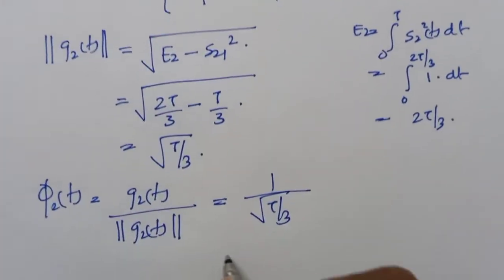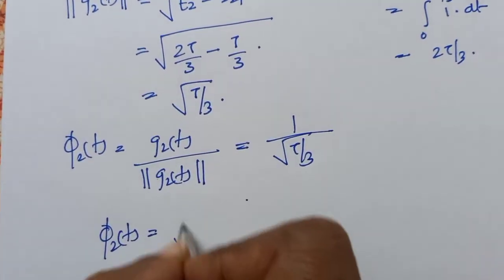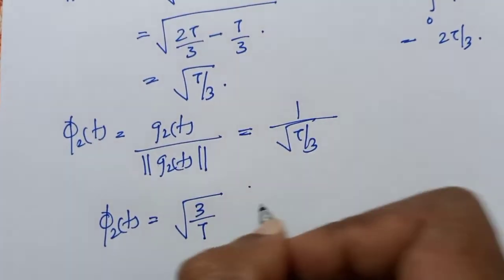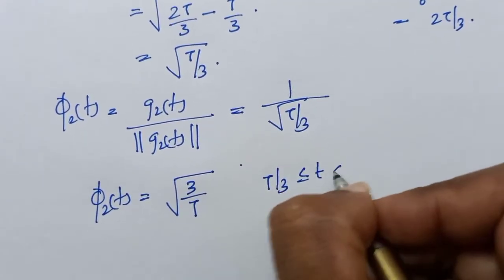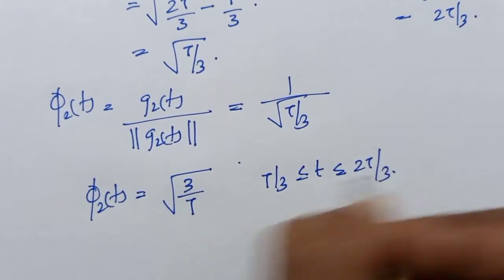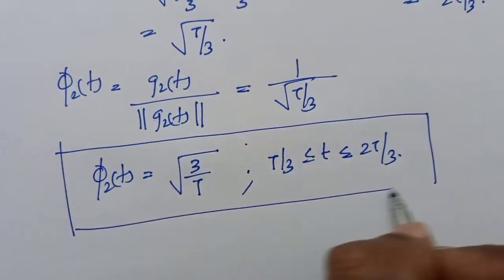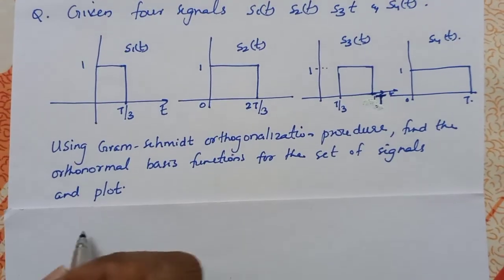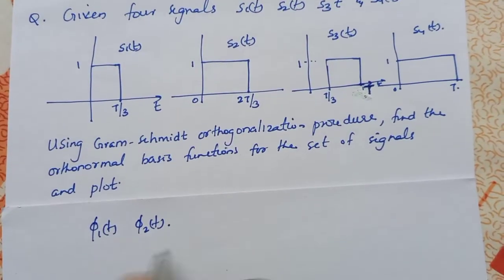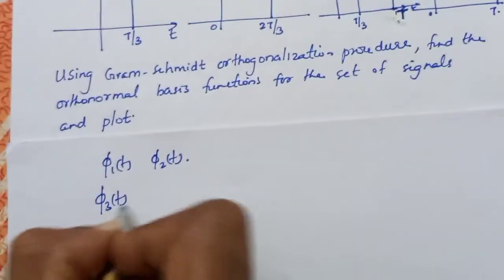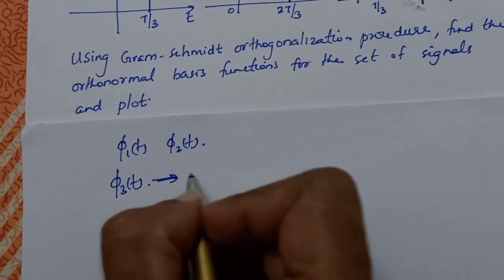So I will write it as phi 2(t) equal to root of 3 by t in the range of t by 3 less than or equal to t less than or equal to 2t by 3. So far we found phi 1(t) and phi 2(t). Now we need to find phi 3(t). So for finding phi 3(t), we will choose the signal S3(t).